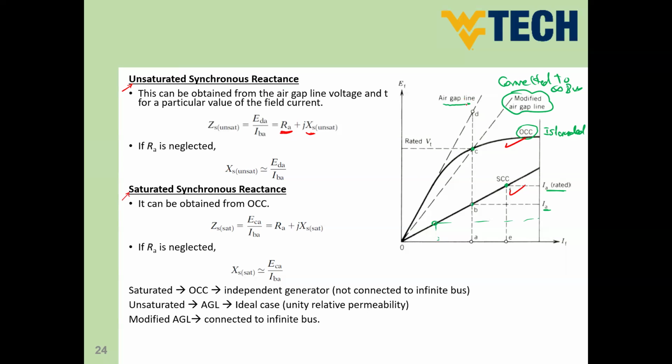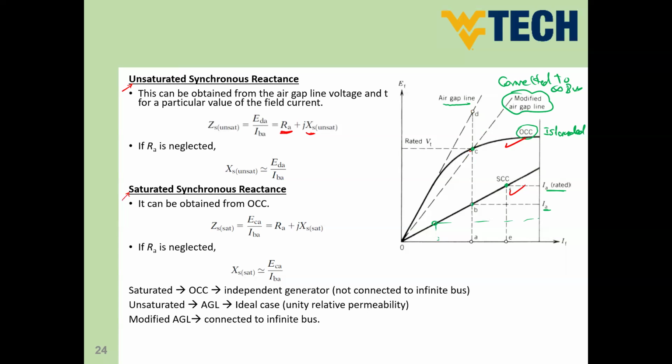So the unsaturated curve is ideal. Unsaturated values are ideal values. So we can just calculate the ideal value just to know our impedance, and it's not going to be that exact value. So the exact value is going to be that one we can calculate from the saturation.